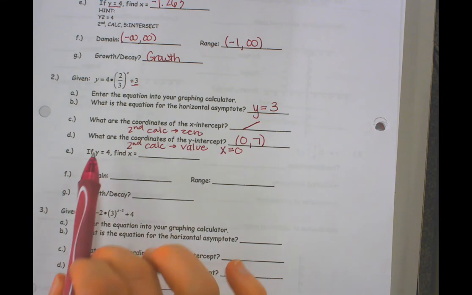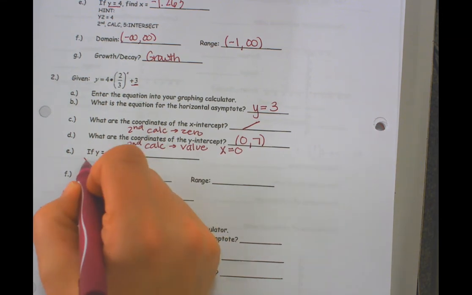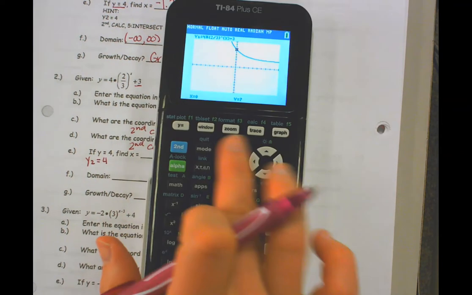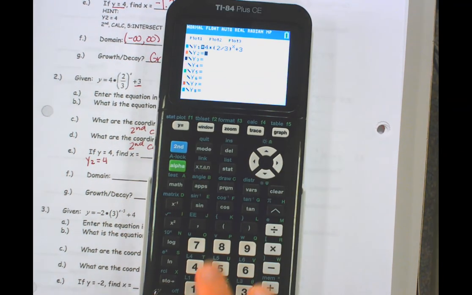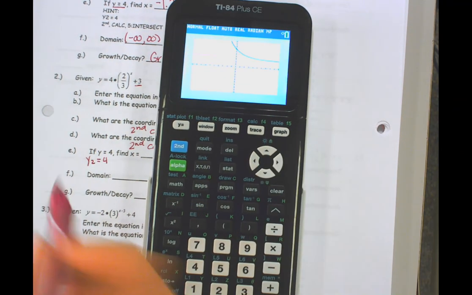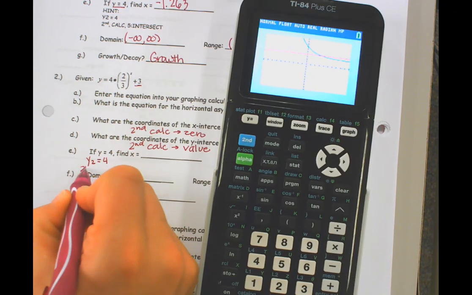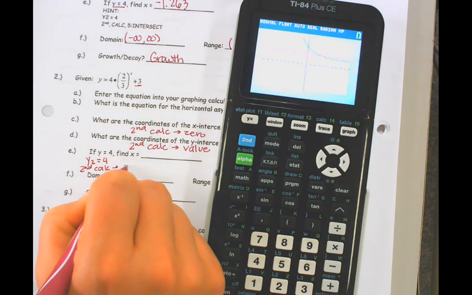Then to find when y is 4, remember that's when we graph y2 equals 4. So we go back to our y equals, we make y2 equal 4, and then we're going to find where the two graphs intersect. So then we're going to use that second calc intersection button.